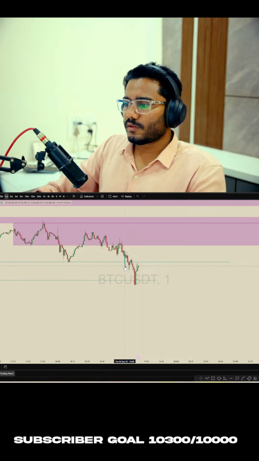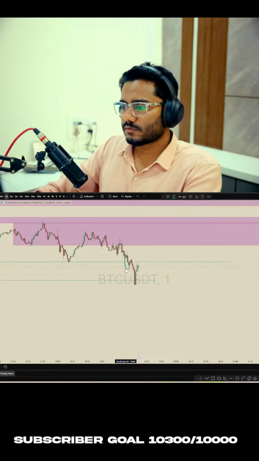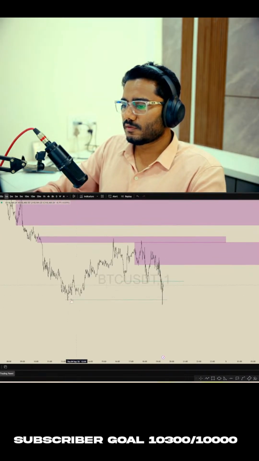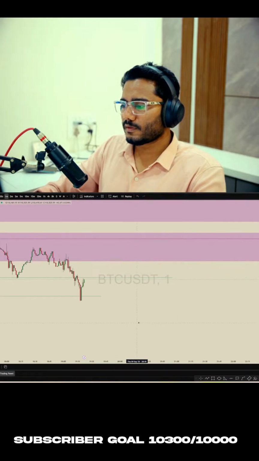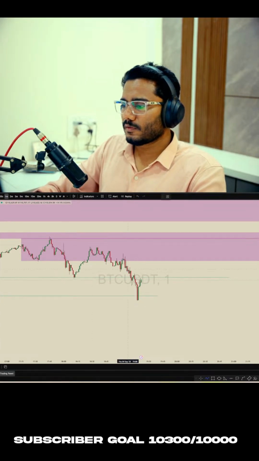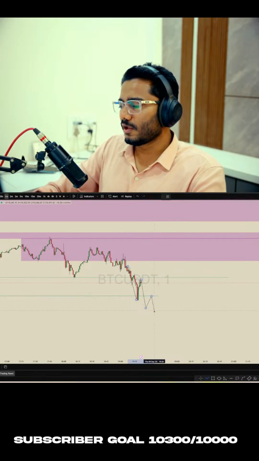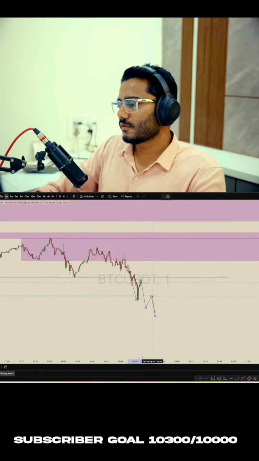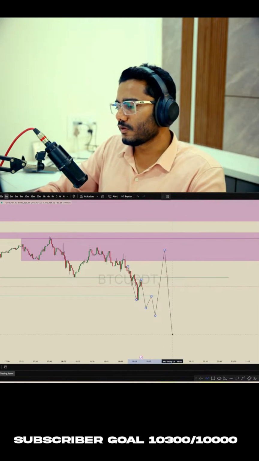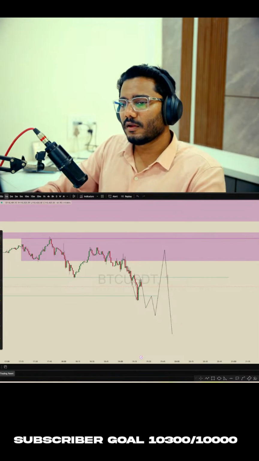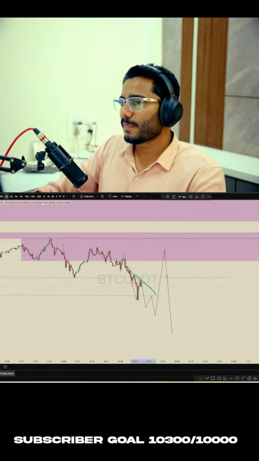So what is more important than the wick is, if you look at this structure break, this is our structure. Price failed to create another structure, which is showing now price is going downside. And let's say in 5 minutes, if price goes to the upside and goes to the downside, it will sweep this liquidity.